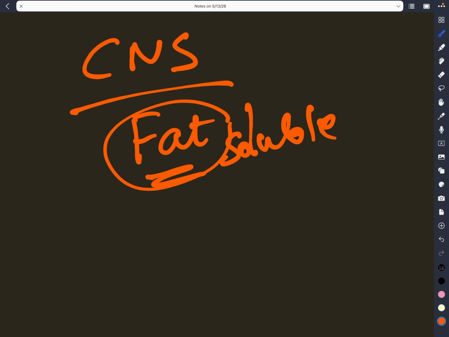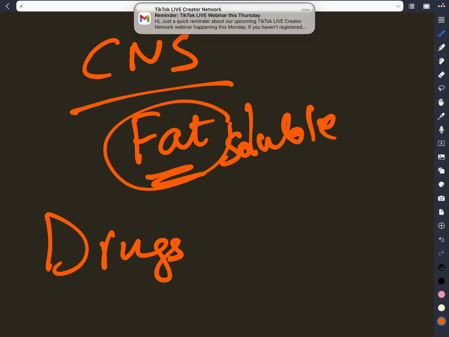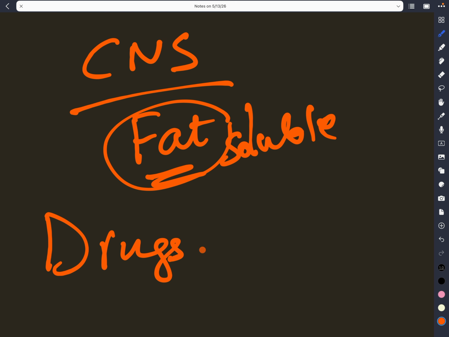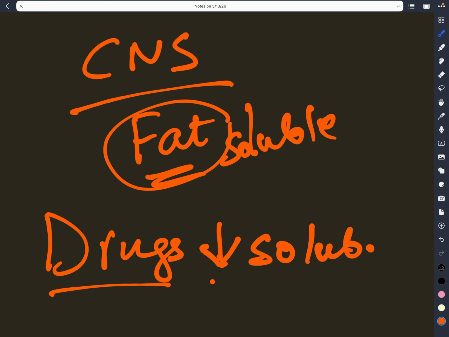CNS drugs absolutely must be fat soluble in order to be transported. Then there are drugs that have decreased solubility.